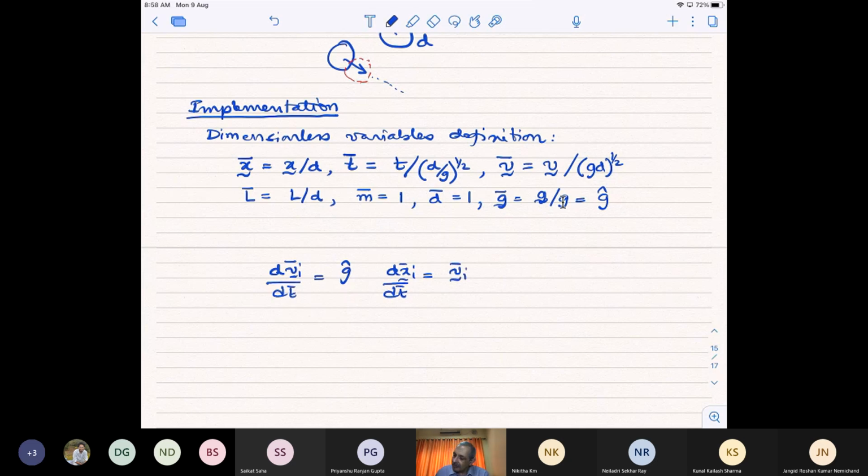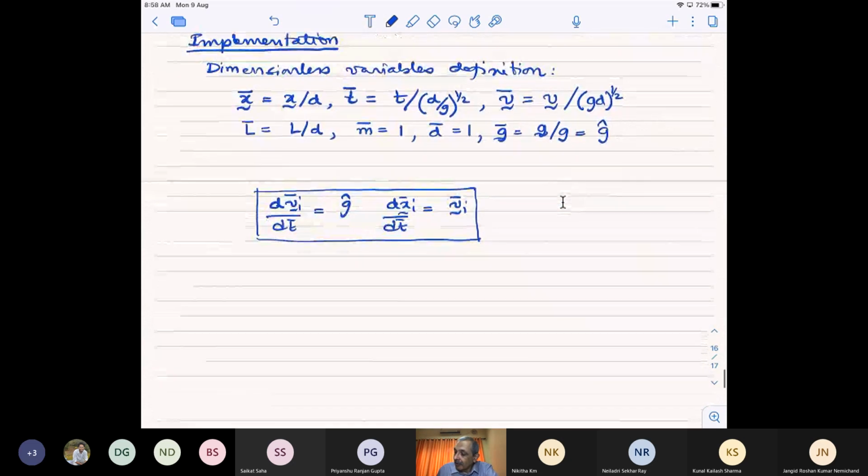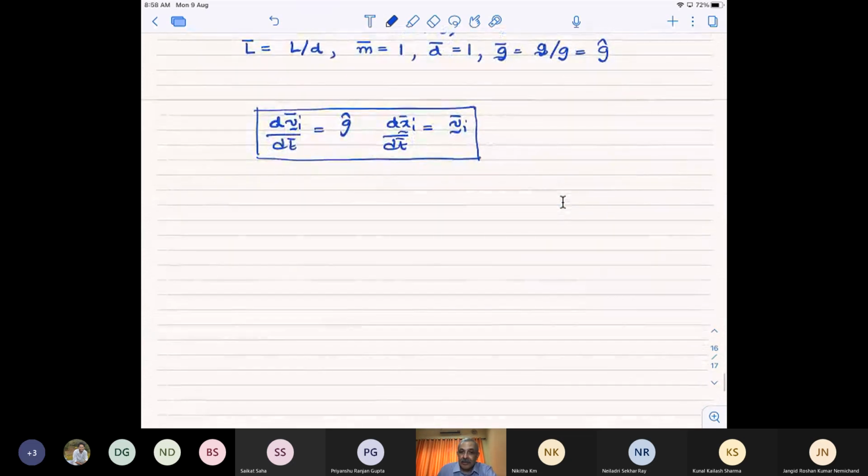So in dimensionless variables, these are the two equations. This is saying that the mass times acceleration is equal to the sum of the forces acting, and the only force acting when there is no collision going on is gravity. So that's the only force, g. And the rate of change of position is equal to the velocity of the particle. So this is the governing equation.